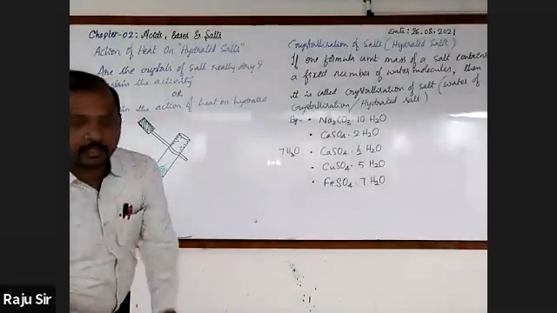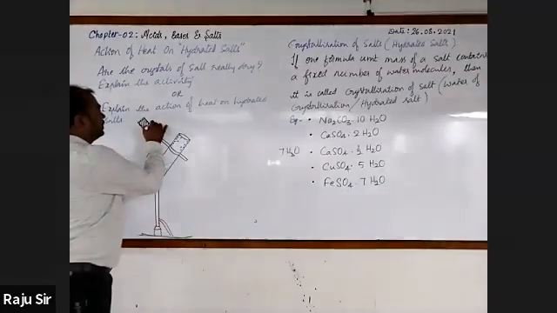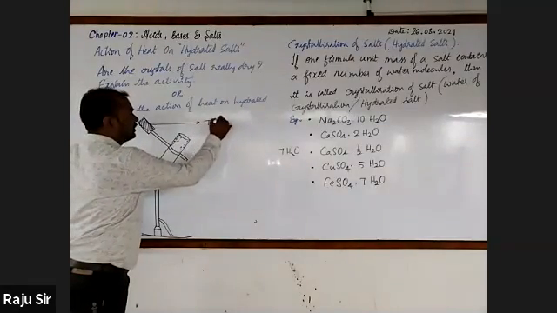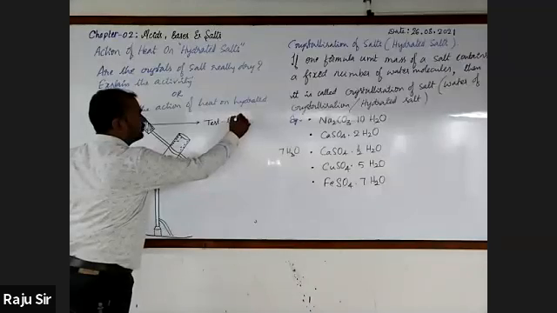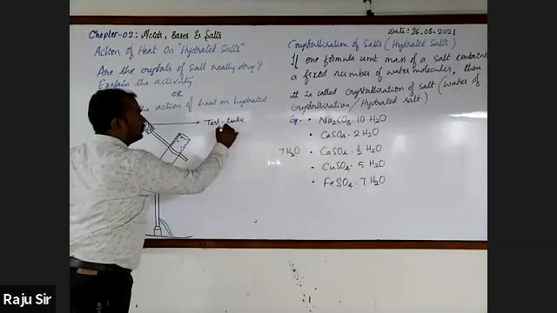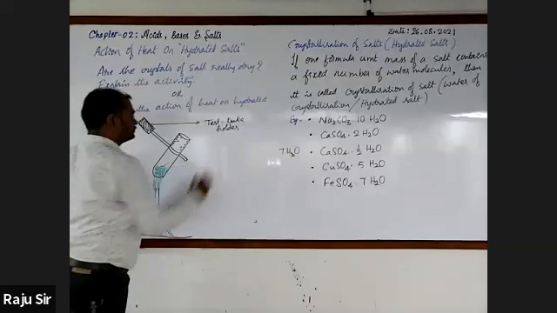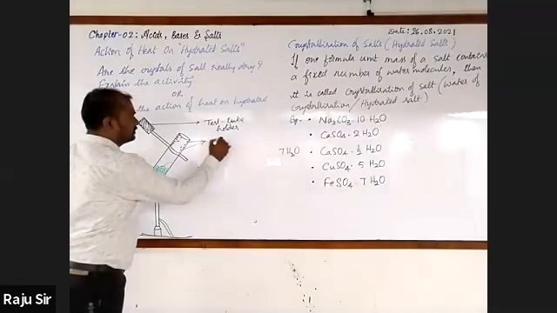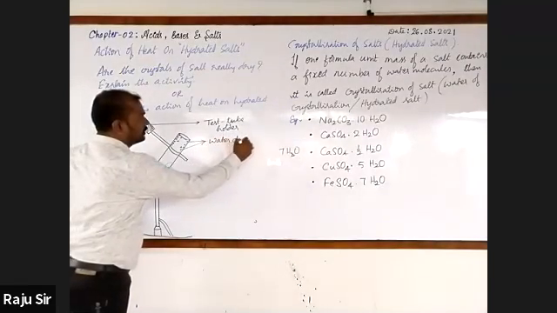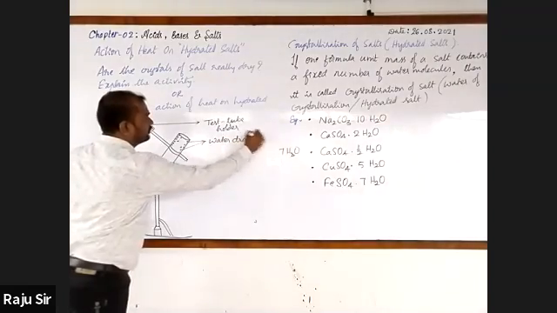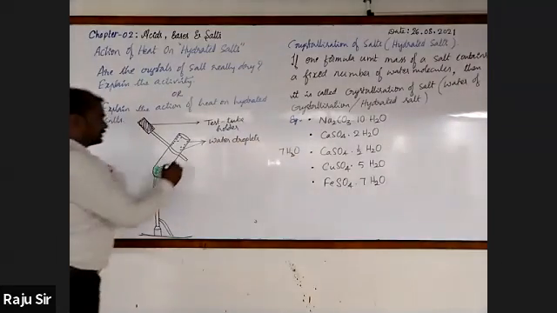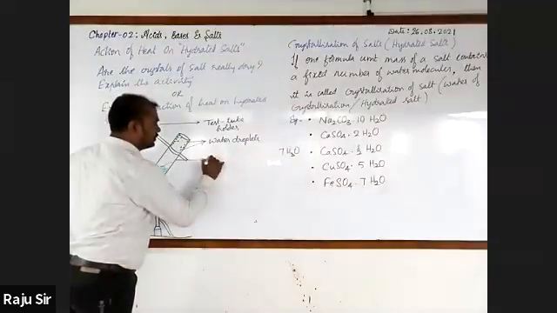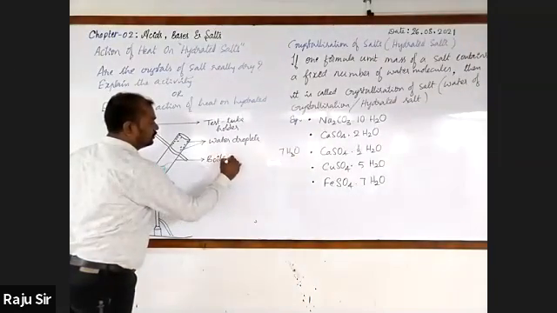Now go for labelling. It is the test tube holder. Next, these are water droplets. Next, this is a boiling tube, also called a test tube.